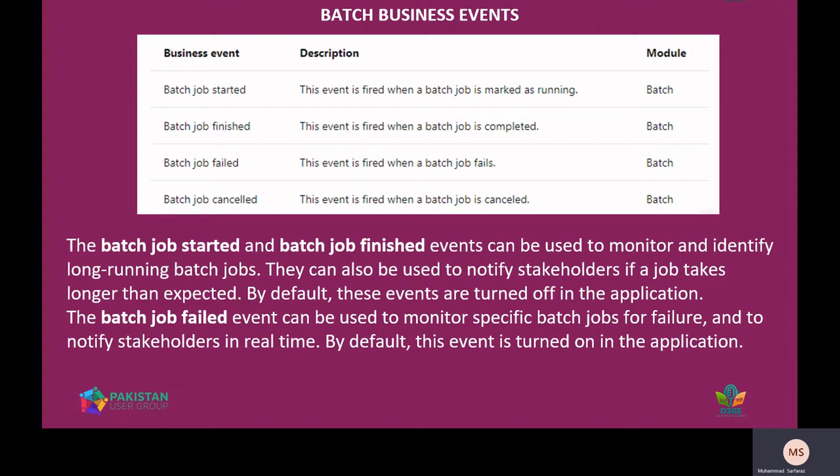You can notify the administrator when a particular job is started, or when a particular job is finished, or when a job is failing, or when somebody has cancelled a job. So you can effectively monitor your batch jobs through job-based business events, and you can send out emails. These kinds of events are quite useful in the administration process.